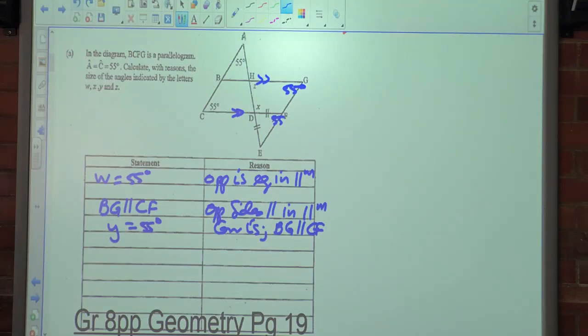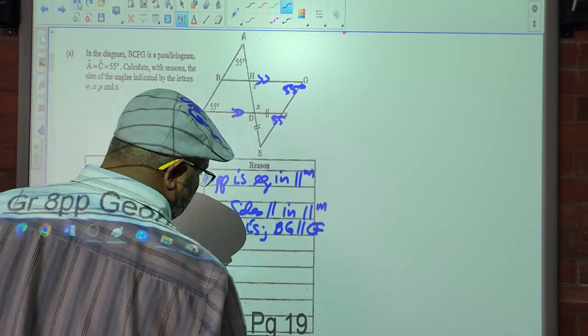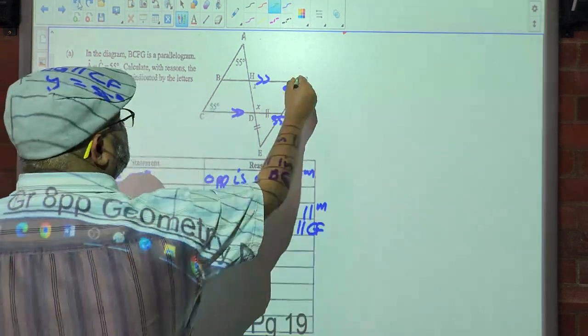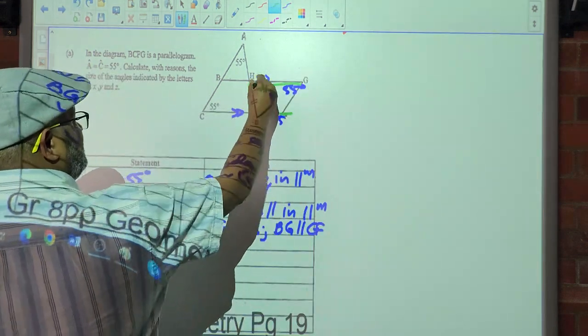Are you going to calculate X? Exterior angle. Exterior angle of what? Co-interior. For which angle? X. There's your co-interior. So that angle plus that is 180.